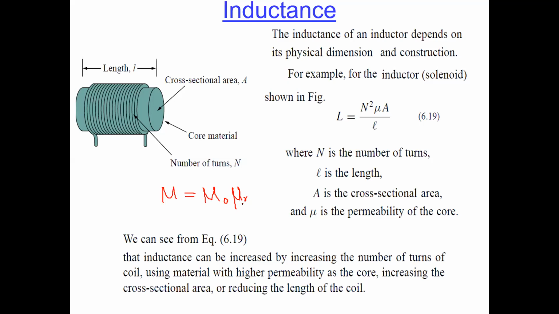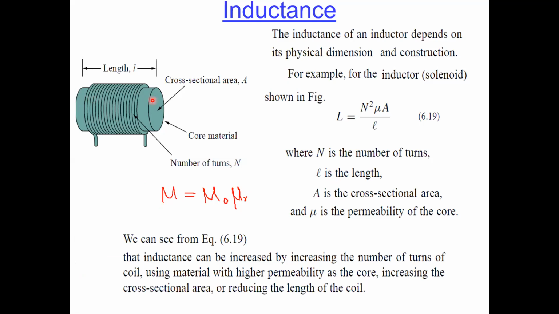So the product of μ naught and μ r should be greater and greater for a core material to be more permeable.